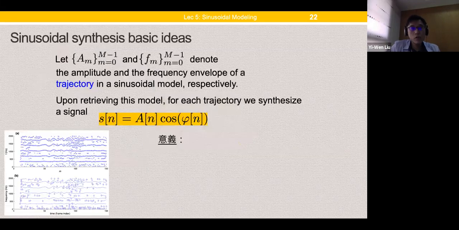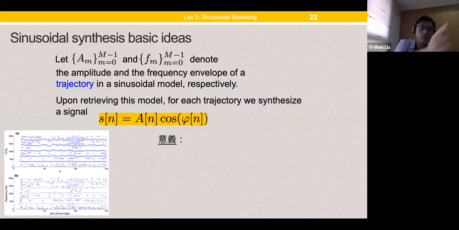And there are 2 methods. So the basic idea, let's introduce a few notations here. Let's say we have one trajectory, just one curved line. In sinusoidal modeling, we will be recording the amplitude A and the frequency F of that trajectory.